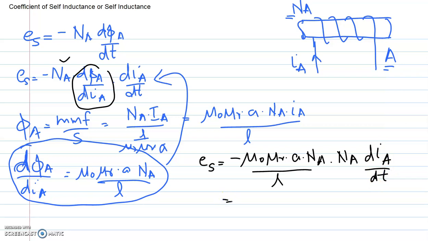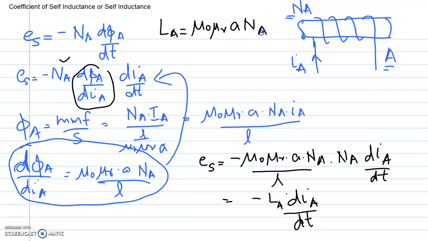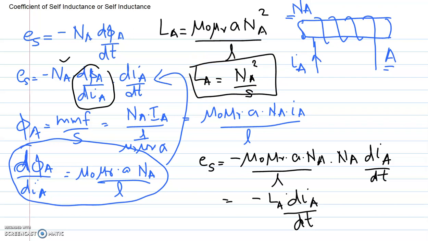So this can be written as minus La dIa by dt, where La is nothing but mu 0 mu R a into Na square by L. Or again you can rewrite it as La is nothing but Na square by S, that is the reluctance, because S is nothing but L divided by mu 0 mu R into a.